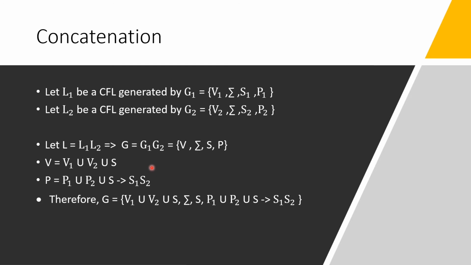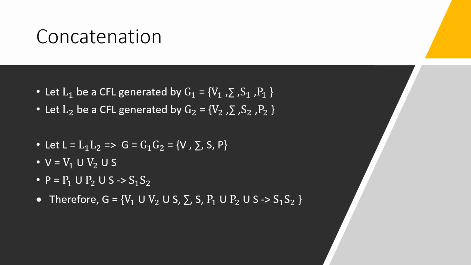Now we can see there is no change in V, but there is a slight change in P, where P equal to P1 union P2 union S implies S1 S2, but for union it is S1 union S2. Therefore, G equal to V1 union V2 union S, sigma and starting symbol S, and the production rule is P1 union P2 union S implies S1 S2.